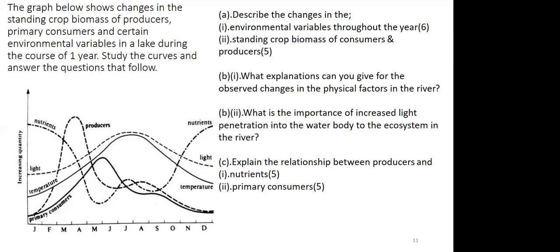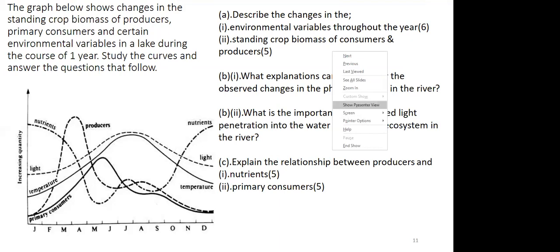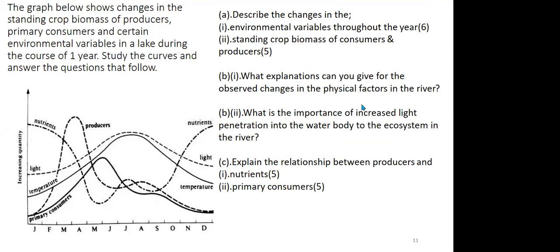Okay, like the environmental variable here, describe light. You can see that there is a gradual increase in the quantity of light from January to June, and then this light attains its maximum in July, and finally decreases gradually from July to December.